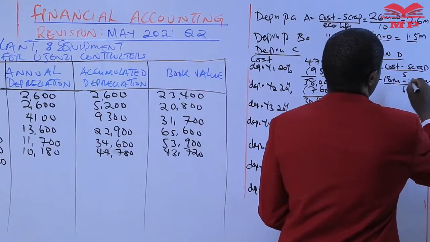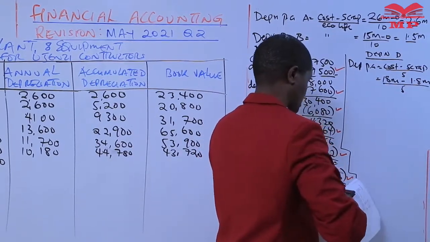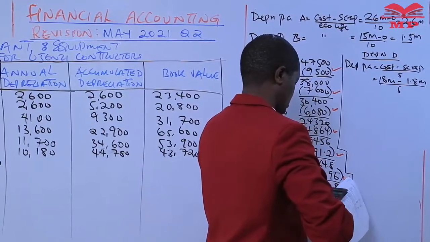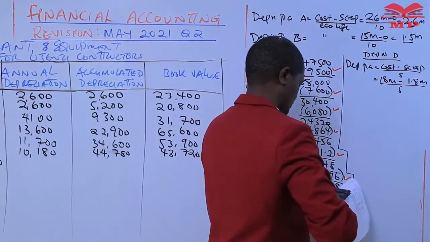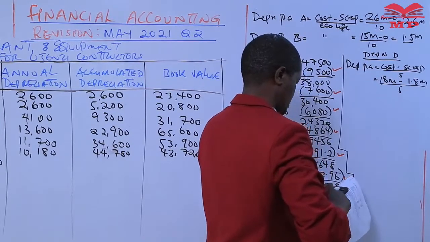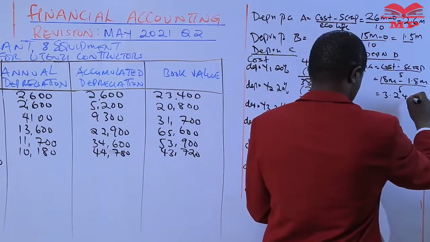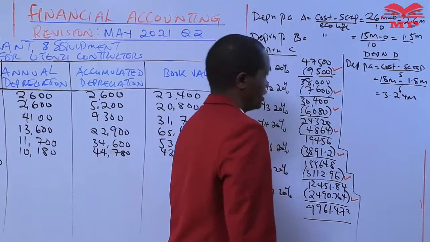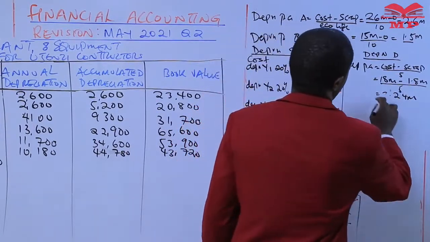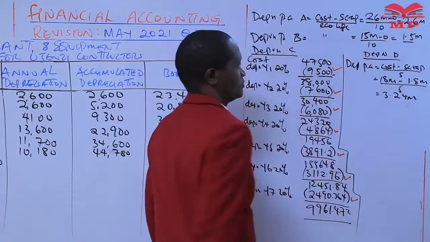So 18 million minus 1.8 million, divided by 5, is equal to 3.24 million. 3.24 million is the depreciation per annum on machine D.